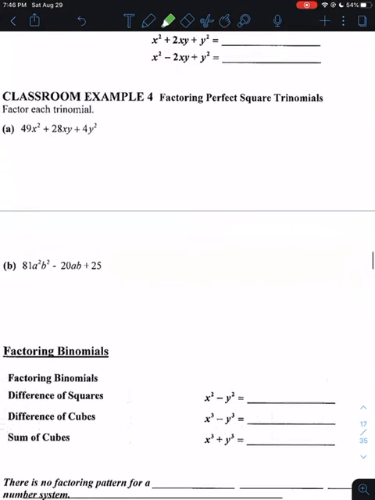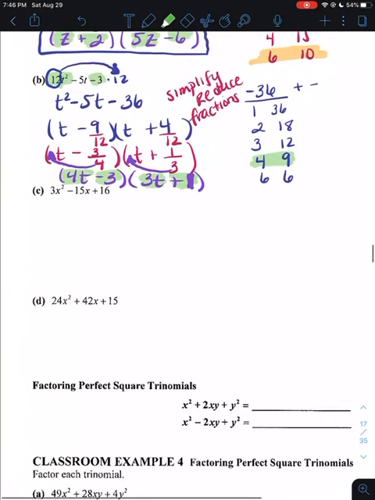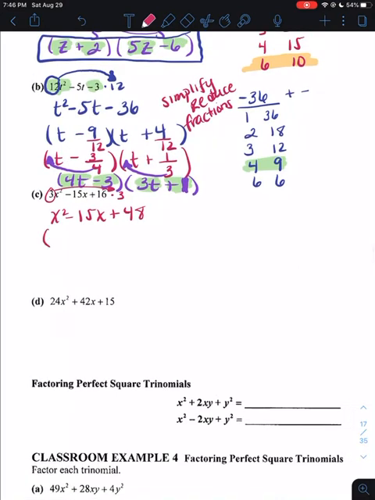All right, so hopefully you had a chance to pause the video. I'm going to work out C and D. So for part C, I'm going to try my slide and divide. So 3, slide it on down here, times 3. So this is x squared minus 15x plus 48. When I factor this, x squared breaks down into x times x.